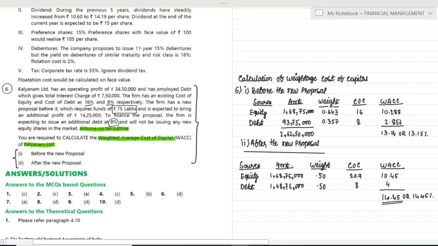So in this question, there are two requirements. One is before the new proposal and after the new proposal. So I have solved the question here.